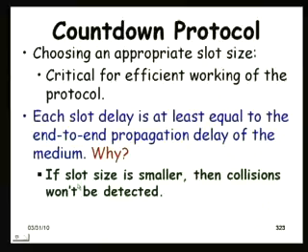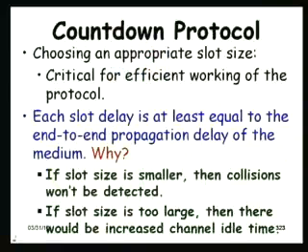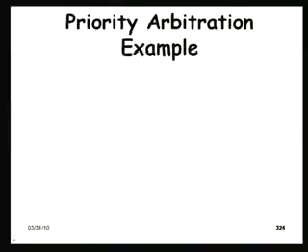If the arbitration interval is smaller, then collisions won't be detected. Initially the nodes keep on transmitting, and if there is a collision, then they know that there is a higher priority message getting transmitted. If the slot size or the arbitration interval is too large, then there would be increased channel idle time.